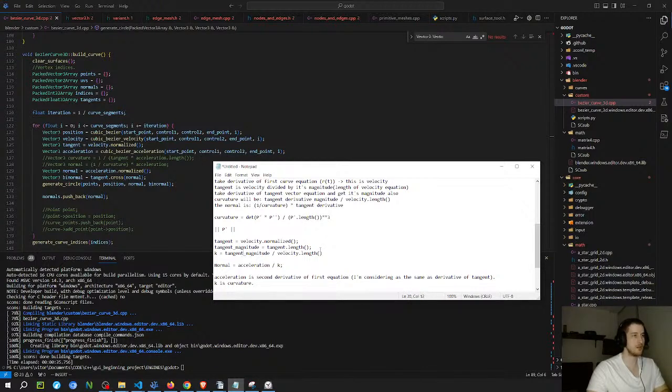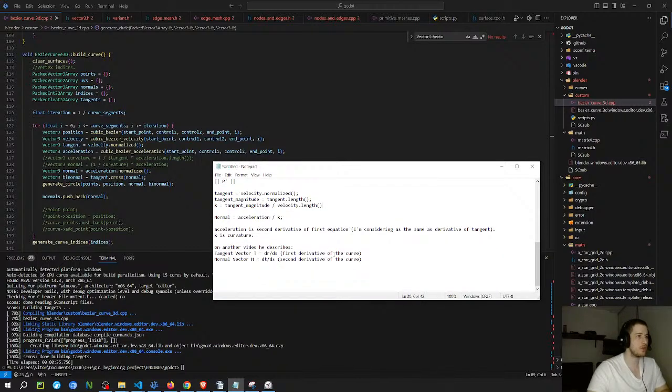Just the tangent magnitude divided by the magnitude of the velocity. So this would be the curvature. And the normal would be 1 divided by, or the tangent derivative divided by the curvature.